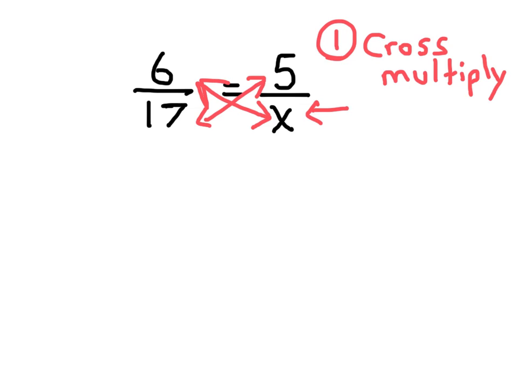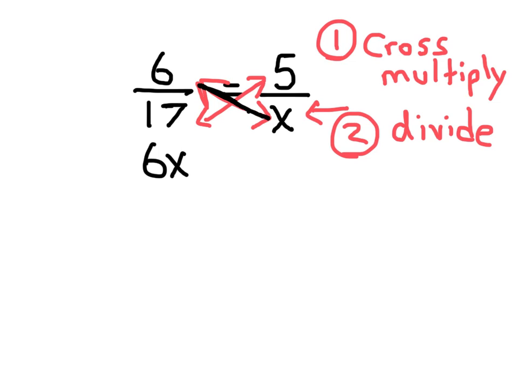After I cross multiply, then my second step will be to divide, and my reason is to undo the multiplication of 6 times x. So let's go 6 times x, so that equals 6x. And then 17 times 5 equals 85. Again, cross products of a proportion are always equal to one another.